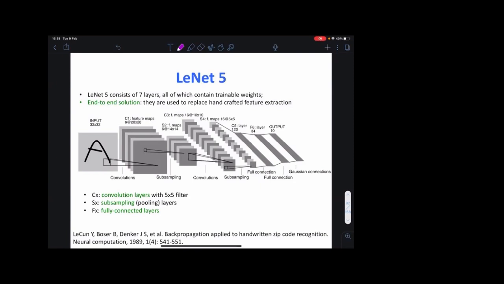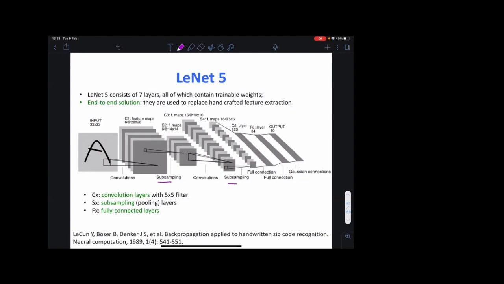At the time, it was obviously quite a complex model, but most of these techniques, like subsampling and applying the convolution layer, then subsampling again, you can also see in our current modern convolutional neural nets as well.